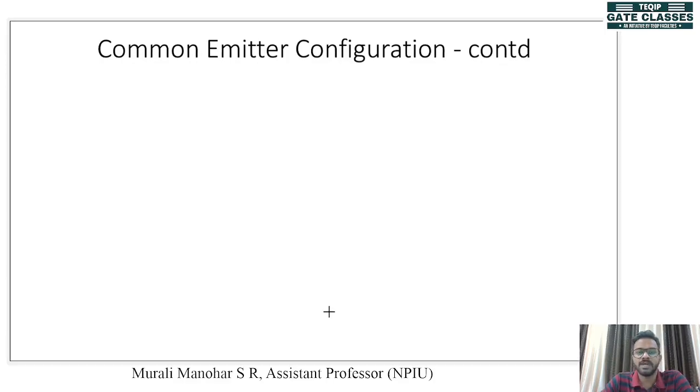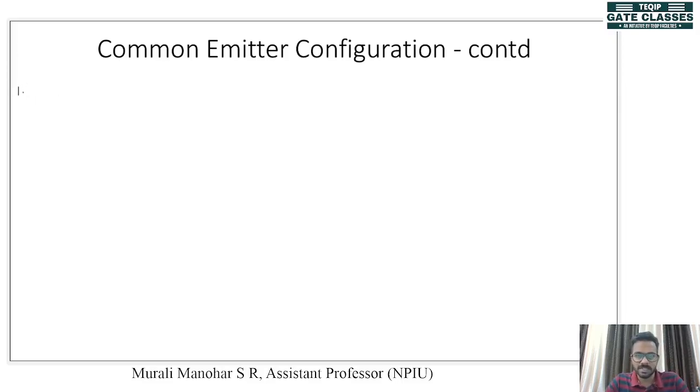Now we have to find out the region of operation of a transistor in common emitter configuration in accordance with the circuit elements. How the DC supplies and connected resistors will affect the region of operation of a common emitter configured transistor. So there are two methods to find out this.